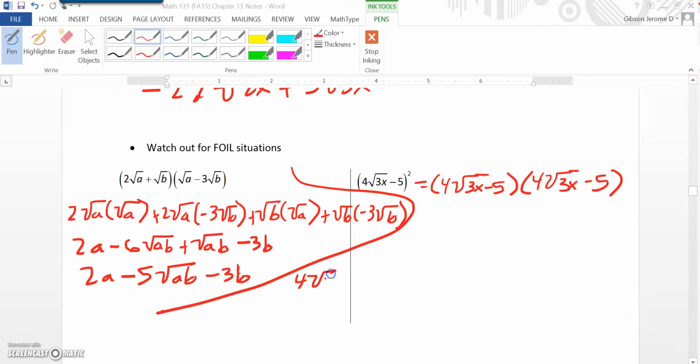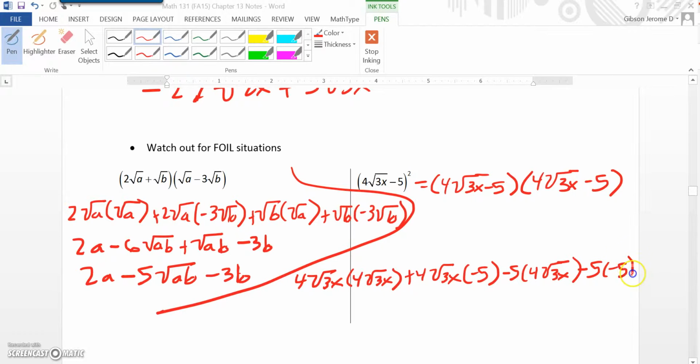I would take 4 times the square root of 3x times 4 times the square root of 3x plus 4 times the square root of 3x times -5, and then -5 times 4 times the square root of 3x, and then -5 times the -5.